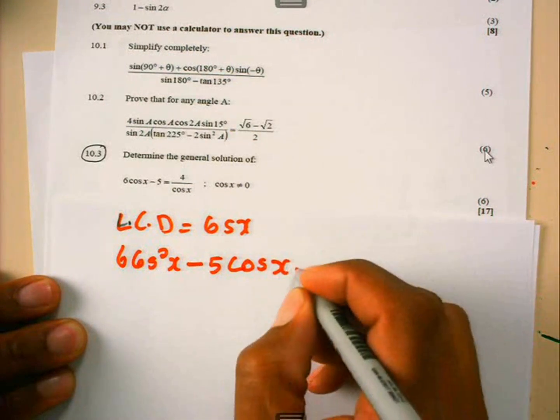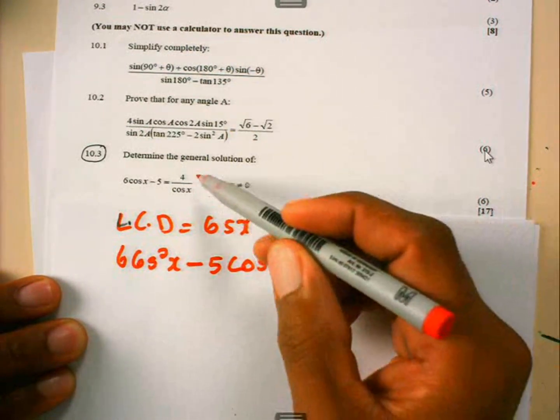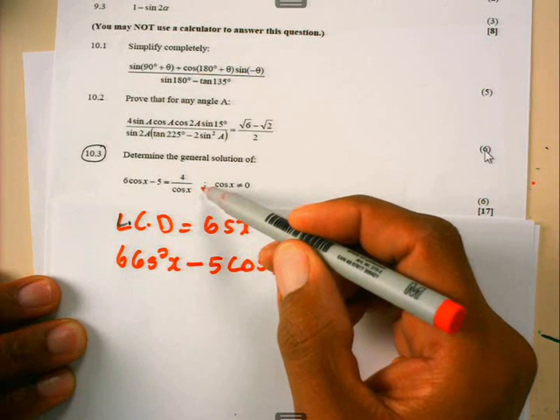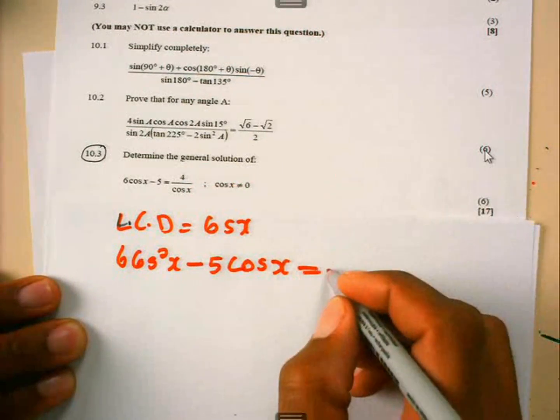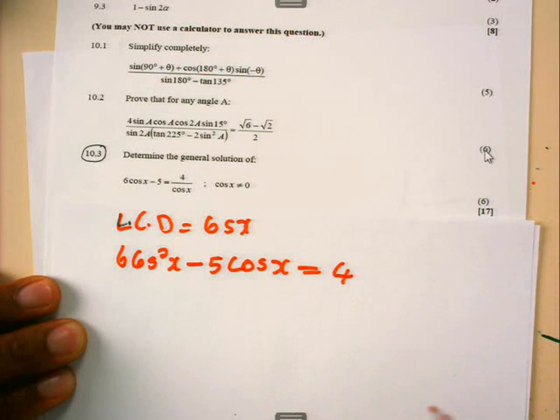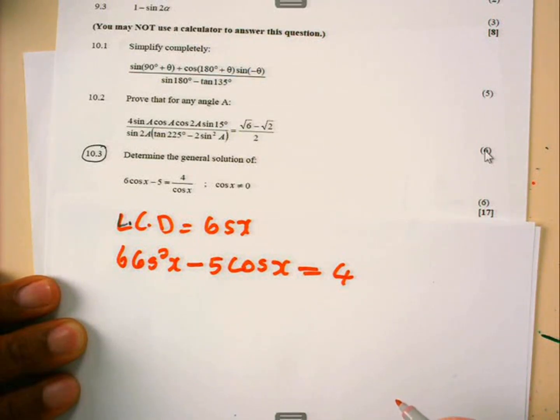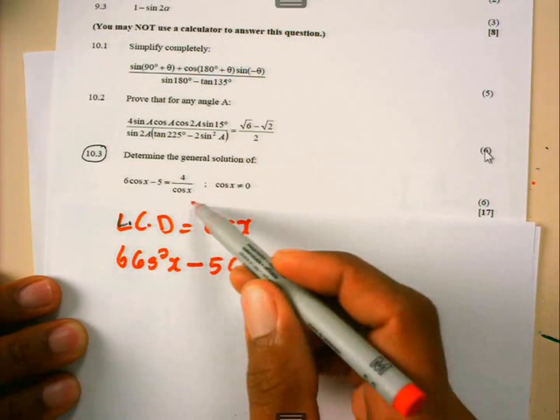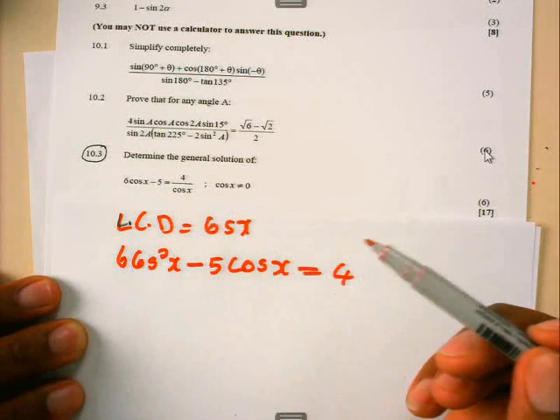Good. And now it is equal to 4 divided by cos x times cos x, and the answer there will be 4. It's very important to multiply each and every term here by cos x.